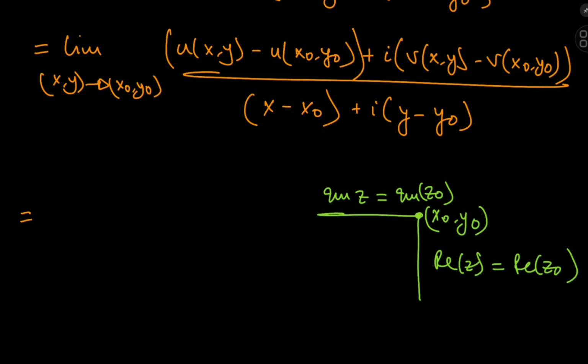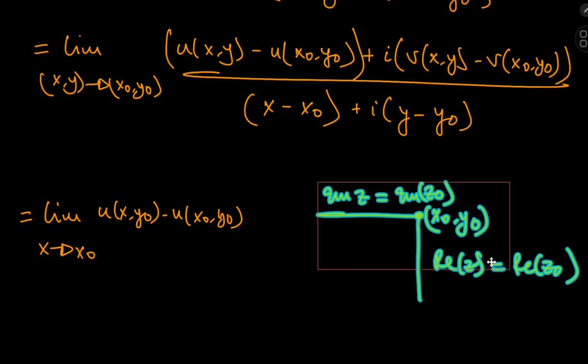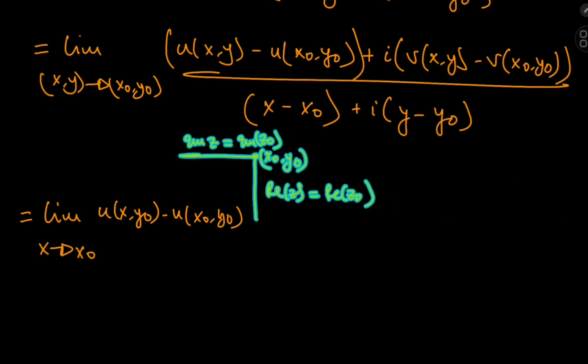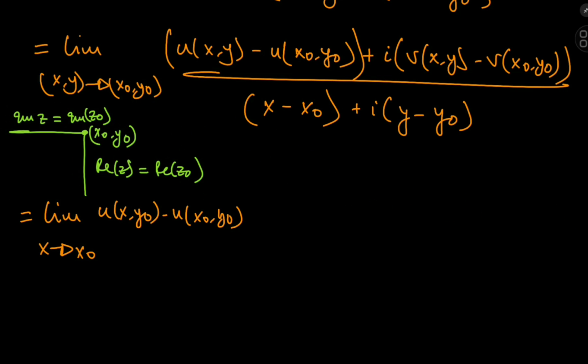Along the horizontal path, we're evaluating the limit as x approaches x naught of u of x y naught minus u of x naught y naught, plus i times v of x y naught minus v of x naught y naught.